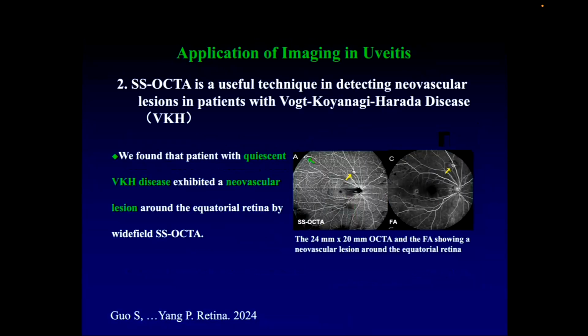SS-OCTA is a useful technique in detecting neovascular lesions in patients with VKH. We found that patients with highly active VKH disease exhibit neovascular lesions around the equatorial retina by wide field SS-OCTA.